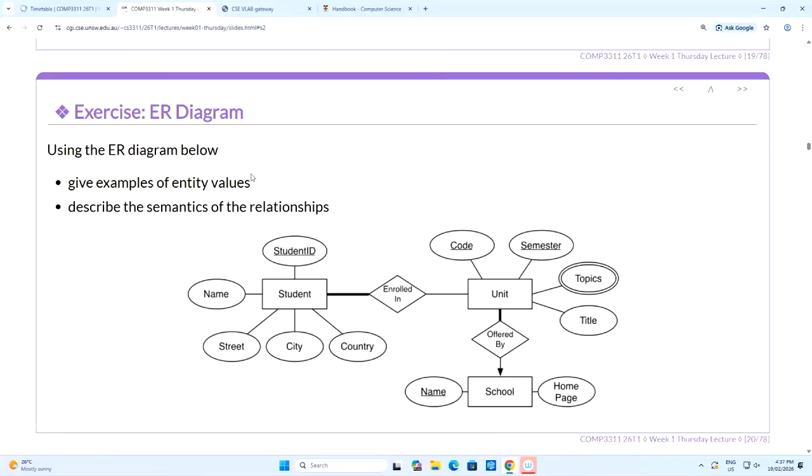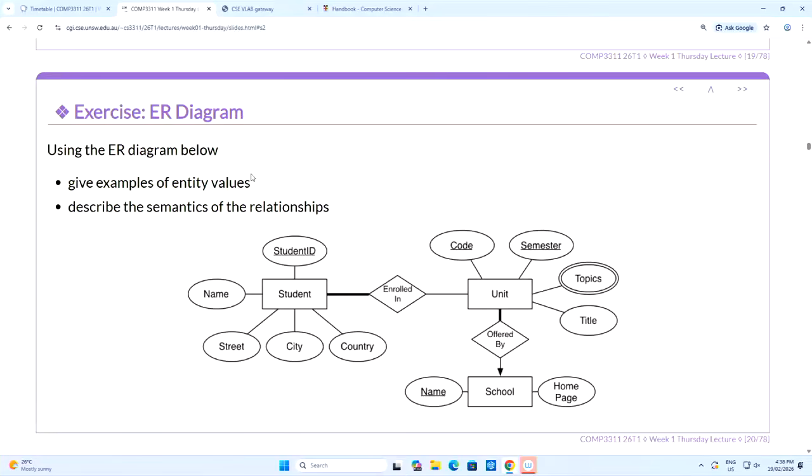What it wants from us is to present examples of the values of entities. For unit, I'm going to do an easy one, and I'll leave the hard one to you. School is an entity. How do I describe the entity values? Well, I just describe the values of the attributes. For school, the key attribute is the name, and then homepage.